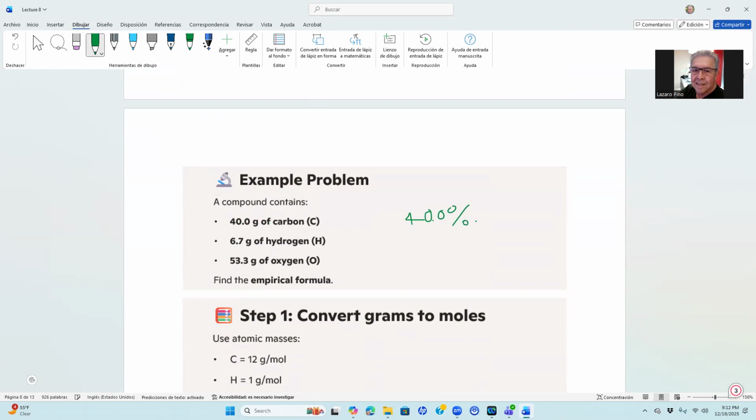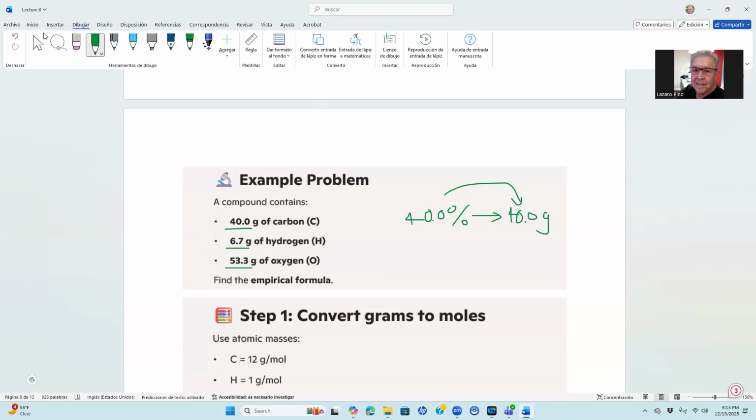And then you consider that percent is 40 grams in a compound that contains 100 grams. Then you convert percent into grams. But it's the same thing that you have here already.